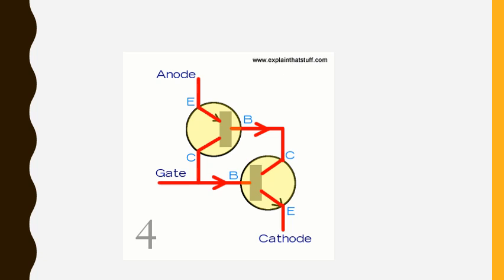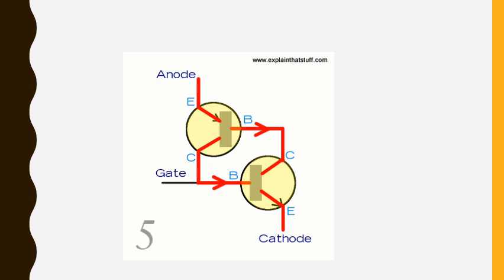Okay, initially the gate voltage is applied. Once the gate voltage is applied, the base of this transistor saturates and it will generate a collector current. So the collector current what is flowing is the base current of this transistor. So it is because of the anode current.